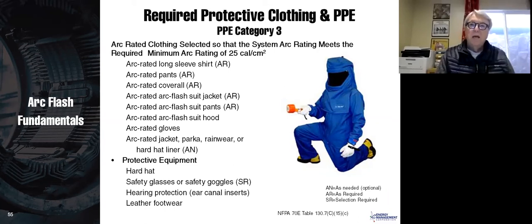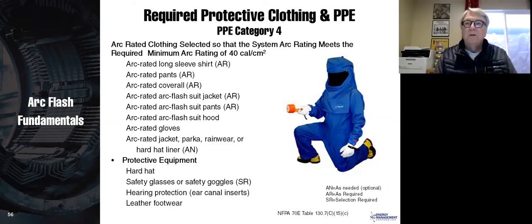Category 3 gives you 25 calories, and category 4 is 40 calories. And I don't know of anybody, although I'm sure there are some people who have category 3 arc flash suits. We don't. We only have a category 4 arc flash suit. And then we use it in category 3 or category 4 systems.